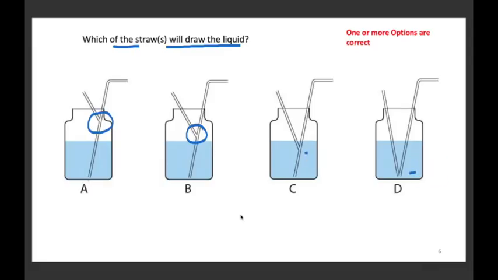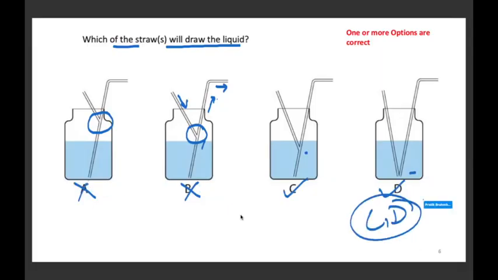So, do we require that or not? Now, if I draw in air here, this air will also come inside and then it will come out, which does not allow for the liquid to come out. So, henceforth, we actually need a condition where this junction is actually dipped inside the liquid. So A and B will be considered wrong and C and D are the correct answers here.